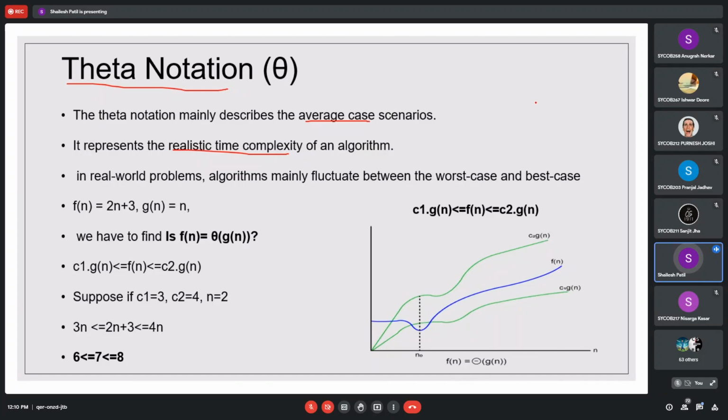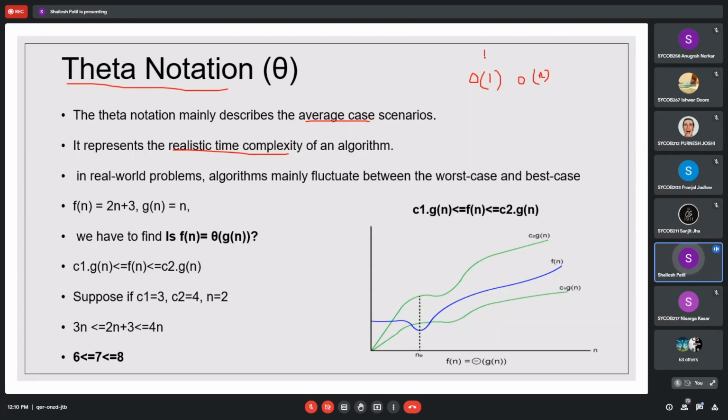Suppose linear search: it may happen that the element is found at the first position. In that execution, we achieve O of 1 complexity. But in some cases it will take O of n time, when the element is found at the last position. It will not always happen that way.